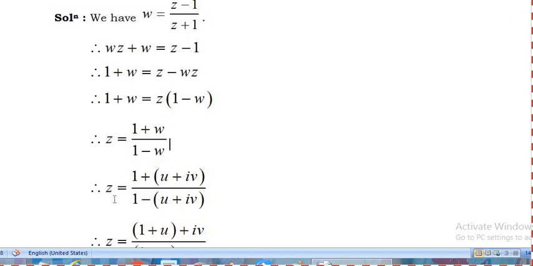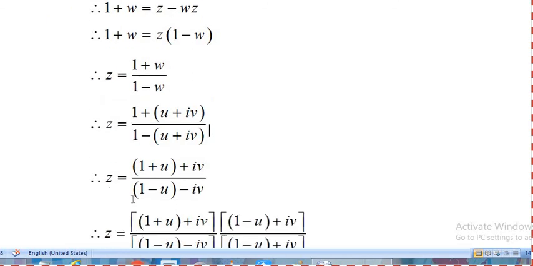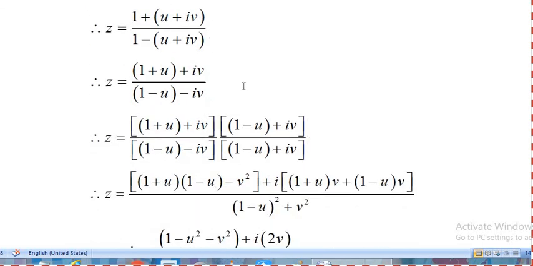Now let us put w equal to u plus iv. Therefore z equal to 1 plus u plus iv upon 1 minus u plus iv. Therefore z equal to 1 plus u plus iv upon 1 minus u minus iv. Let us simplify. For that, multiply both numerator and denominator by the conjugate of this denominator.